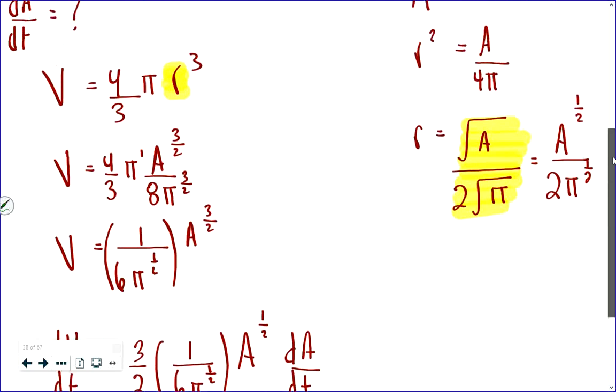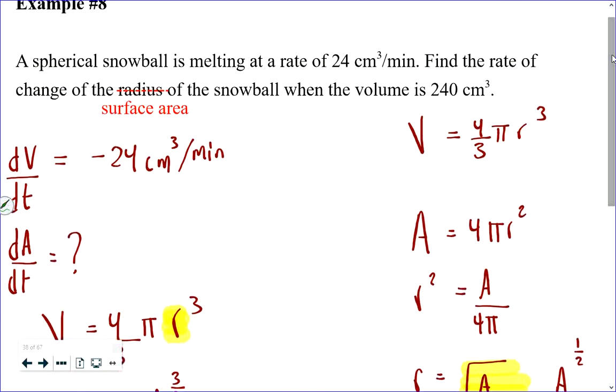What were we told? Oh, my goodness. When the volume is 240, well, I don't have a volume in there. I do have an A in there. So here's where I'm probably going to decide I don't want to even continue down this path. If you want to pursue the end of this approach, you can.